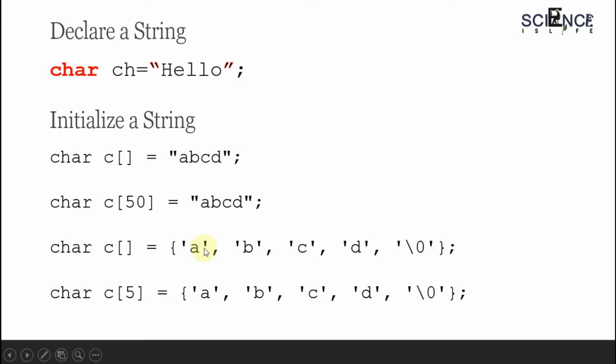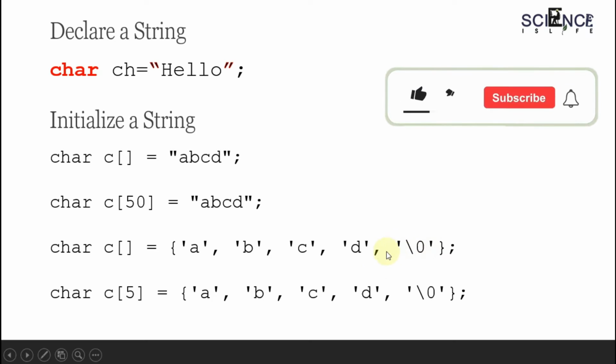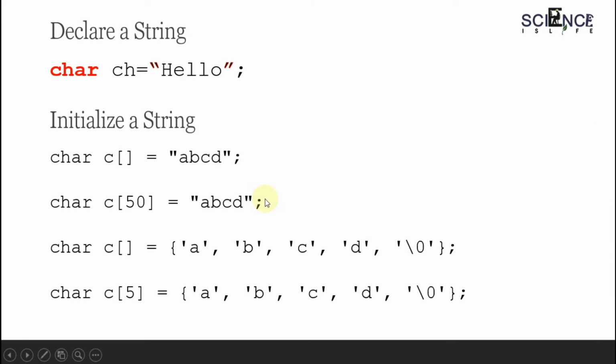So here I have added characters one by one into my array, and after the last character I have mentioned the null character as well, right? So that is the difference. If I assign it like a string, then it automatically appends the null character at the end of the string. But if I put characters one by one, I should mention the null character by myself, right? That is the difference.